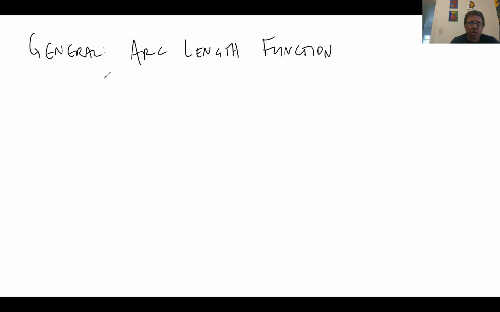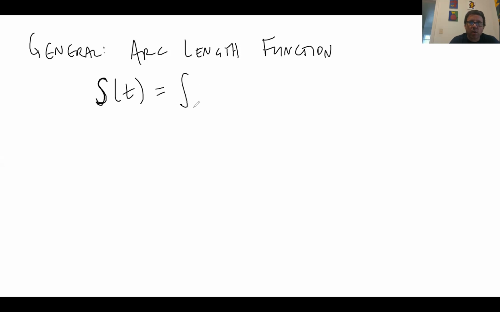So the general thing here is the arc length function. It is just the integral. So our s of t, just like we just did, that's an s there. So try to make it as curvy as you can, I guess.